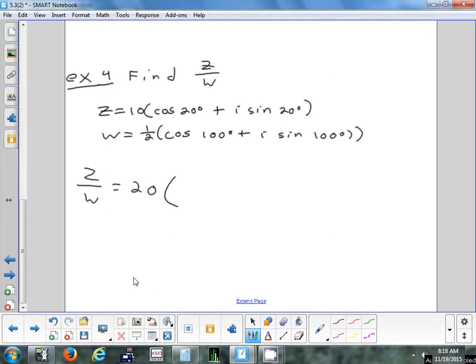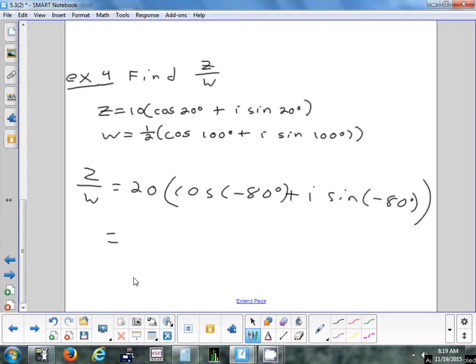And what about my angle? Negative 80. Okay, and this time, let's just rewrite it one way. We could add 360. Let's just do it so we get rid of the negatives.